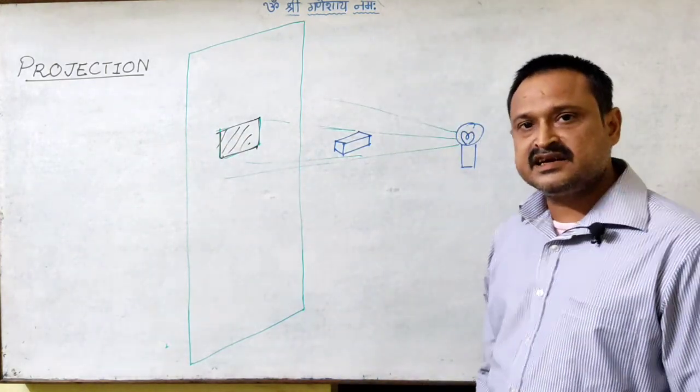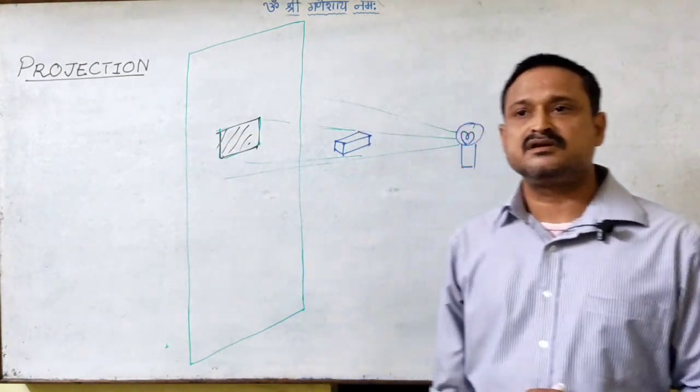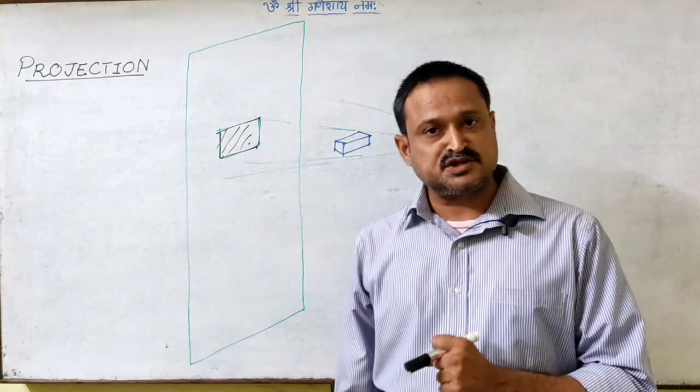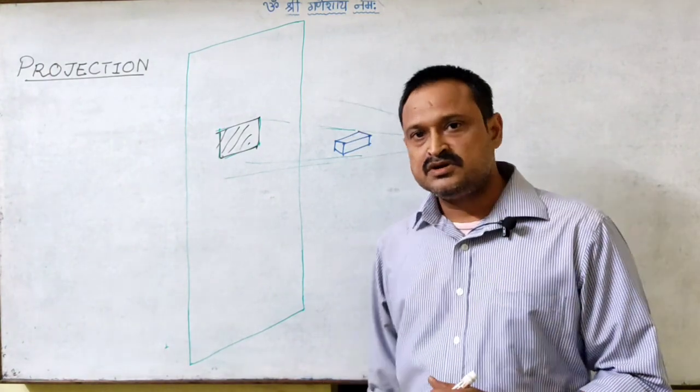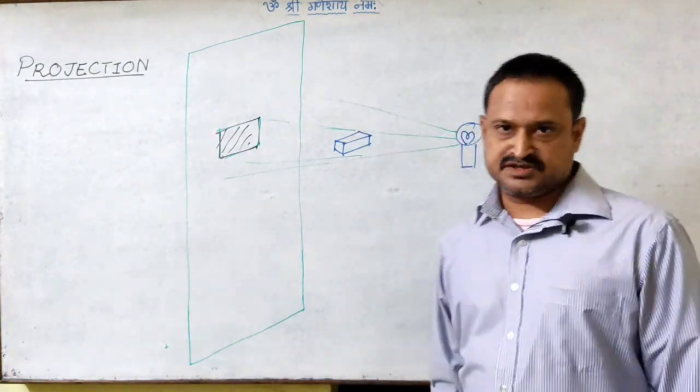Now, as I have said earlier, the dimensions of the object are of importance for us. That means I want the size of the image also to be the size of the object.